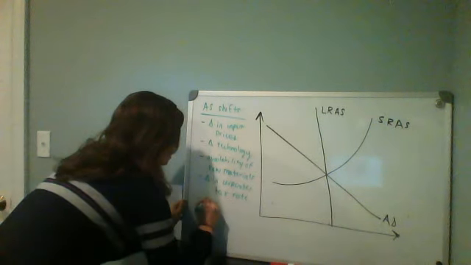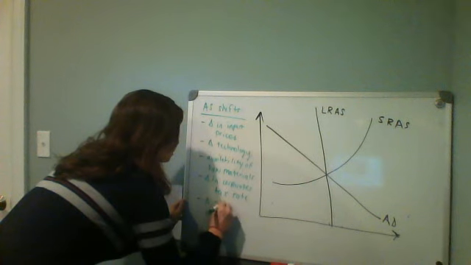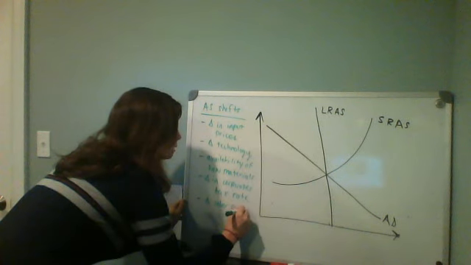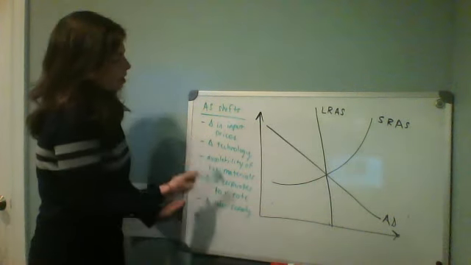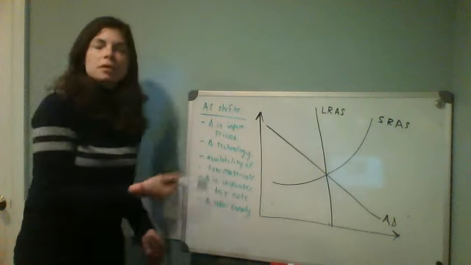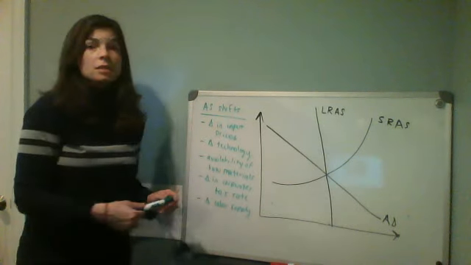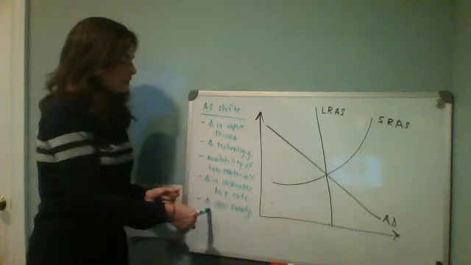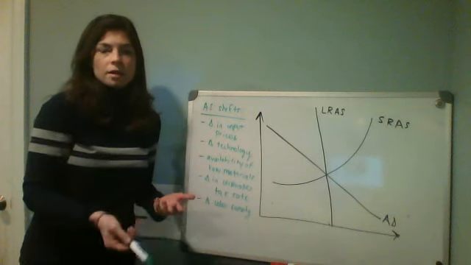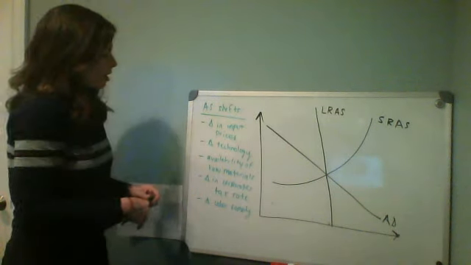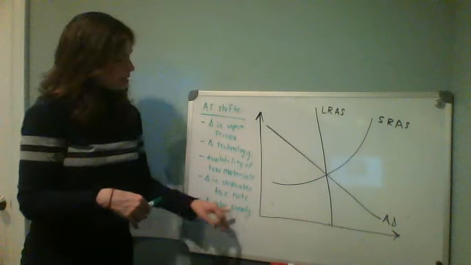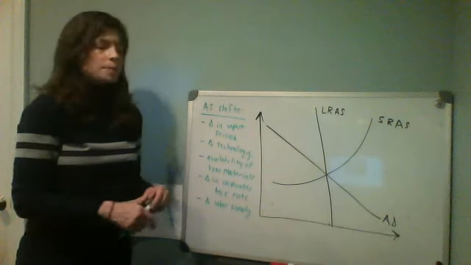And a change in labor supply, which is also related to availability of raw materials. If you think of labor supply as an input for firms, if they have now more access to labor, labor will be cheaper. And the vice versa would be true. If there's less access to labor, then it would become more expensive.